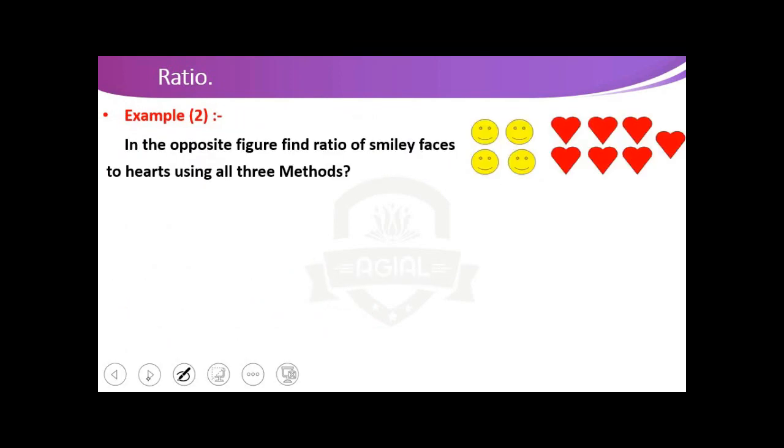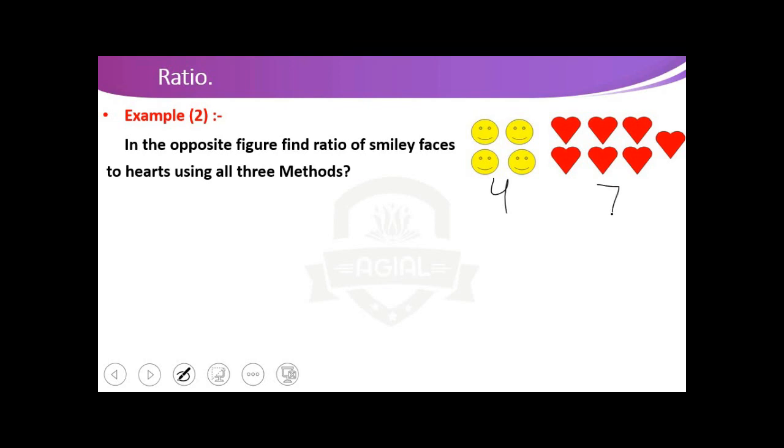Example 2. In the opposite figure, find the ratio of smiley faces to hearts using all 3 methods. Here we have 4 smiley faces and 7 hearts.